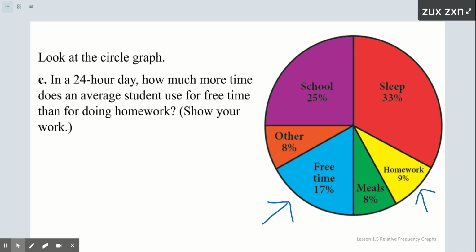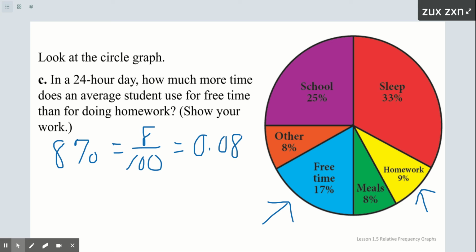So I am doing free time 8% more than the homework, and 8% is the same as 8 over 100, which is 8 hundredths, or we say that is, that's supposed to be decimal point, 0.08.